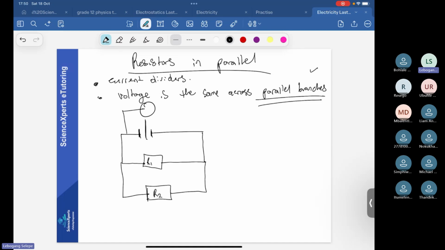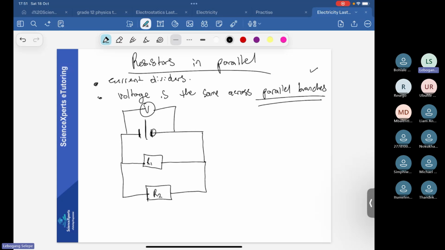This is the voltmeter reading the EMF. In the cases we're dealing with now, there's no internal resistance. For resistors in parallel, we said that the current is divided, right? Whenever you do an electricity question, just draw how current would flow in that circuit.